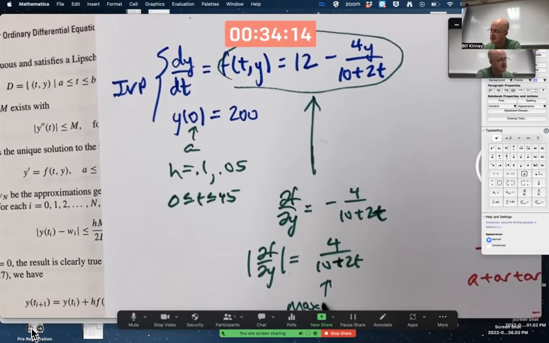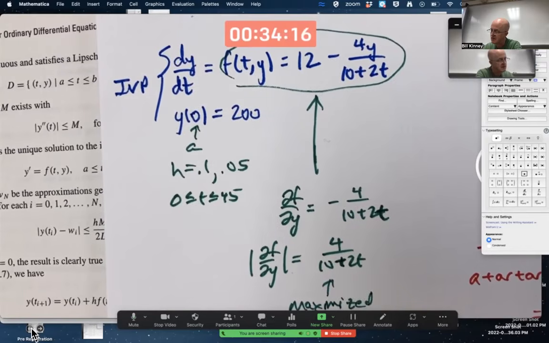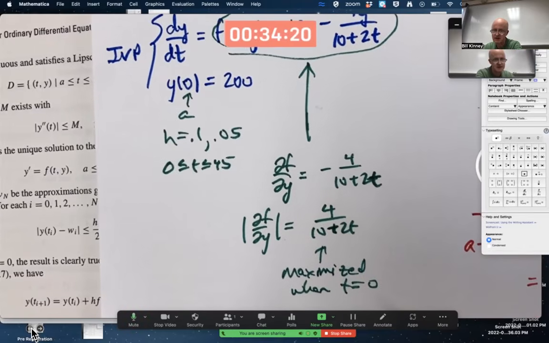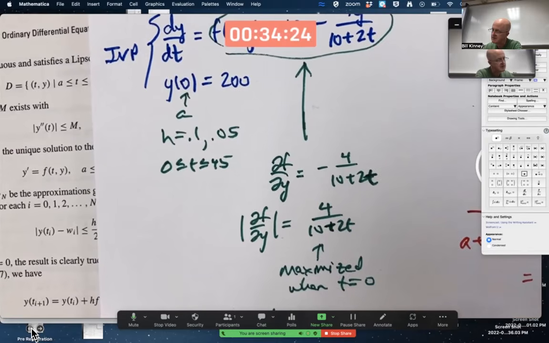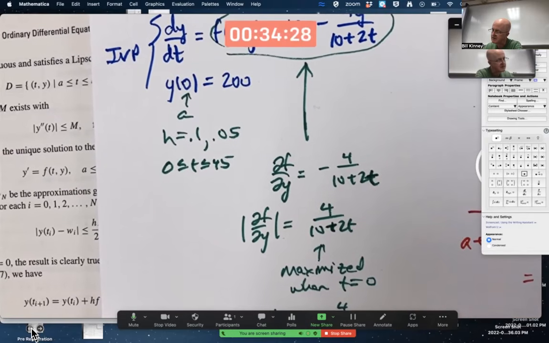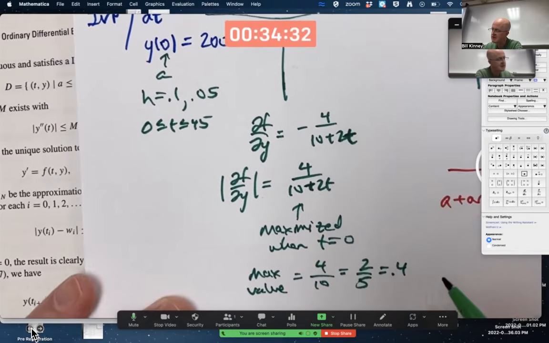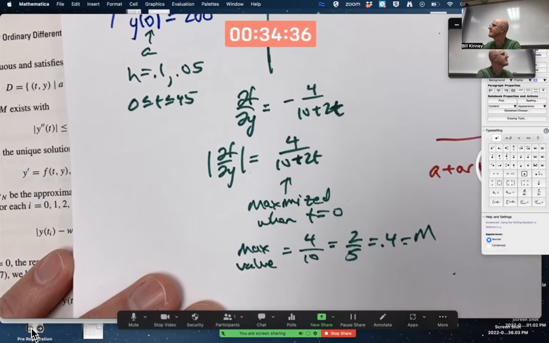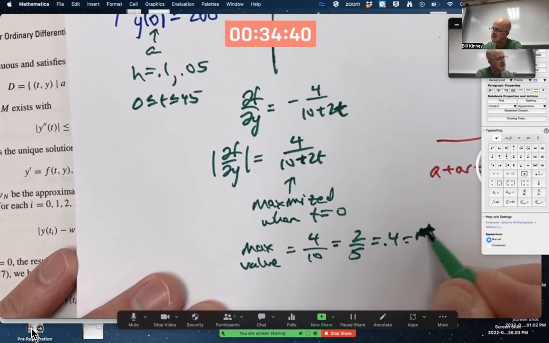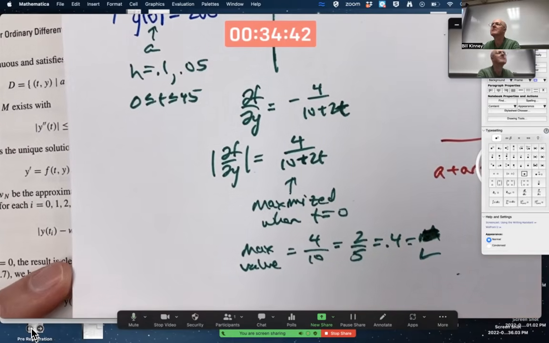Maximized when t is 0, and its value when t is 0 is going to be 4/10. Max value when t is 0 is 4/10 or 2/5, 0.4. That can be used as the M. Oh, excuse me, not the M, the L, the Lipschitz constant.